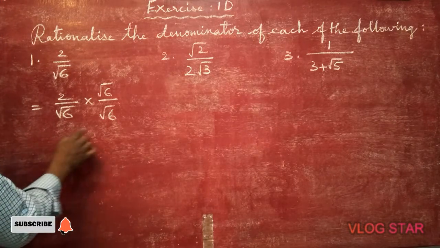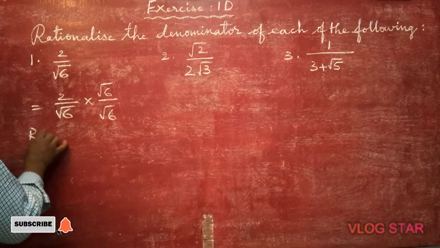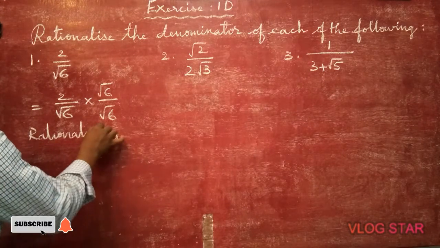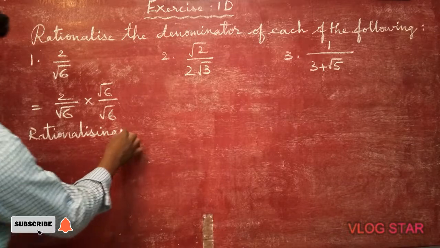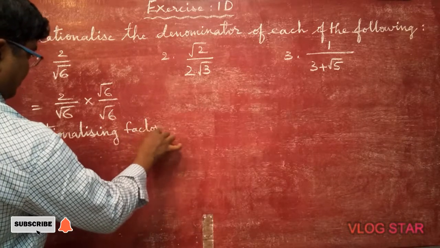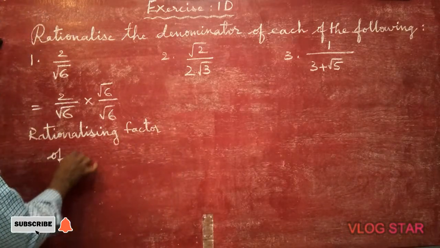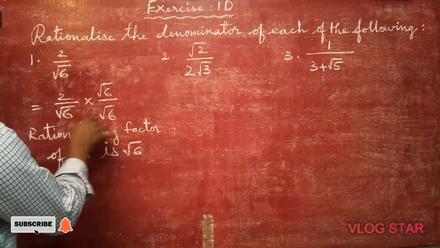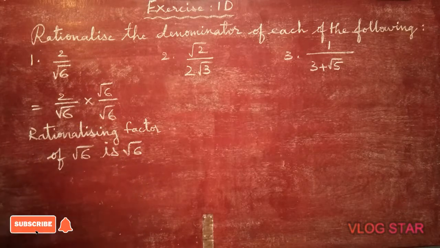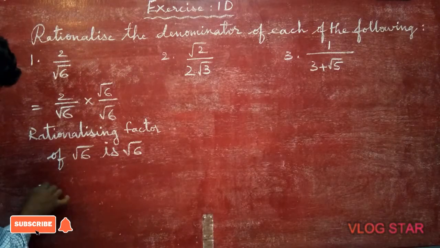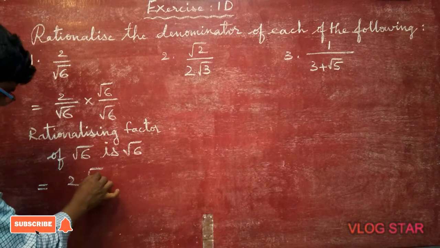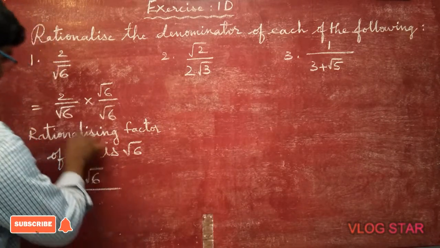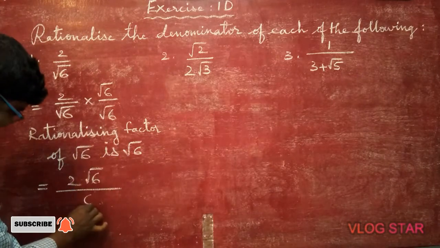RF, rationalizing factor of root 6 is root 6. If you multiply root 6 into root 6, it will become 6. So that is equal to 2 root 6. 2 into root 6 is 2 root 6, divided by root 6 into root 6 is 6.